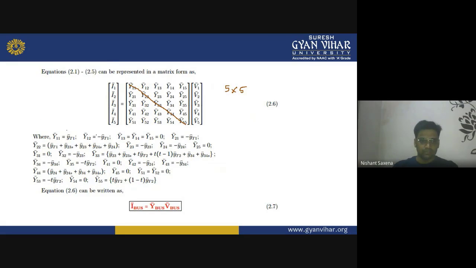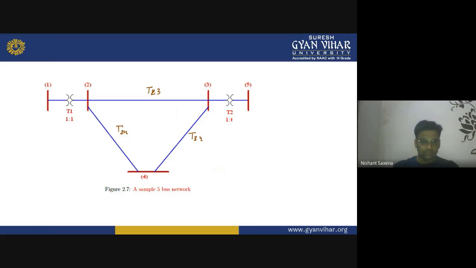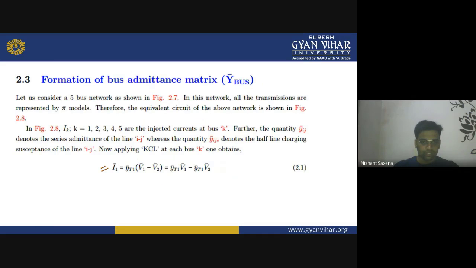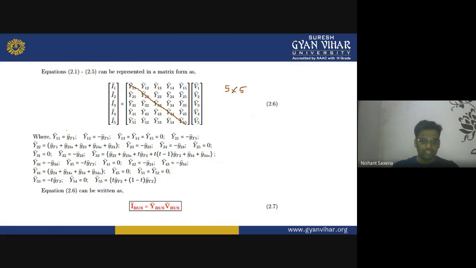Why is it coming like this? Look at this equation again. It comes to be YT1 and minus of YT1. Is this clear? When we are dealing with I1 and V2, I1 is equal to Y12 into V2, isn't it?